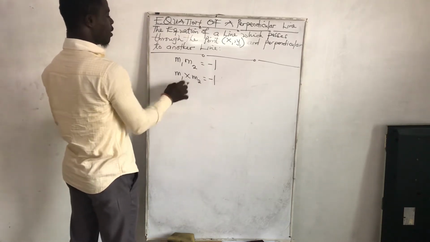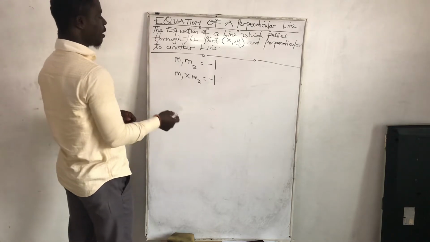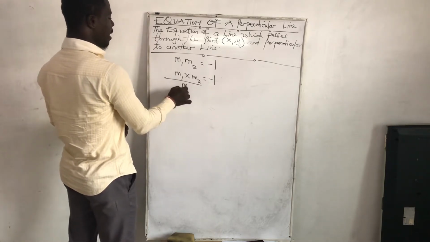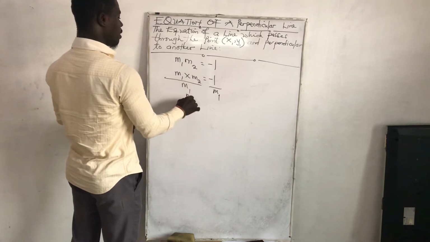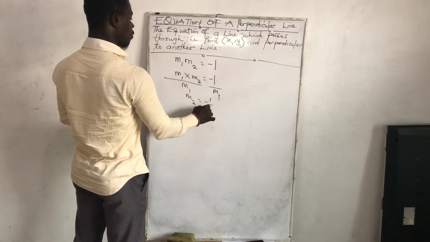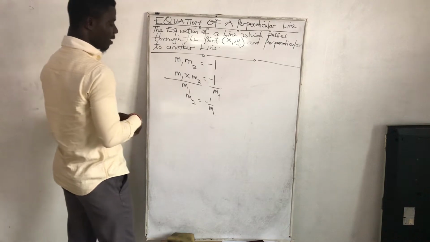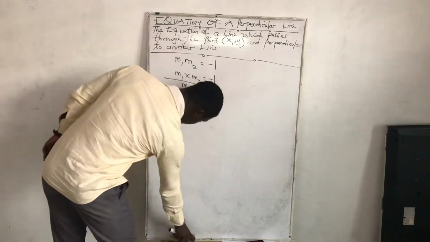Here we can make either m2 or m1 the subject by dividing both sides by m1. So I get m2 equals -1 over m1. We can make any of them the subject.